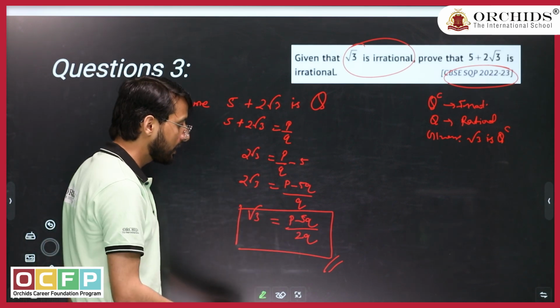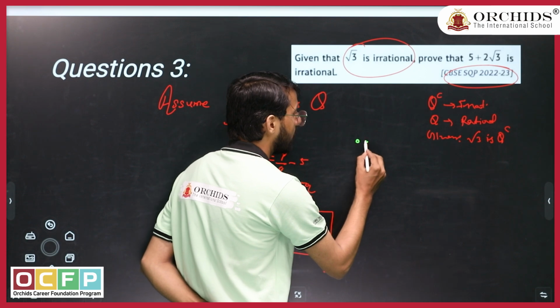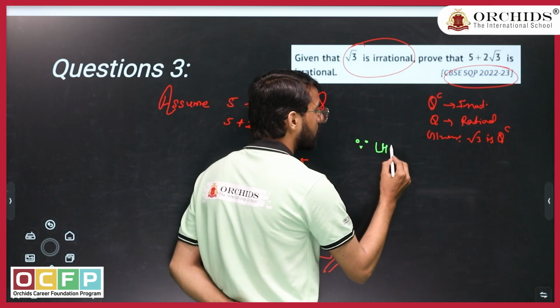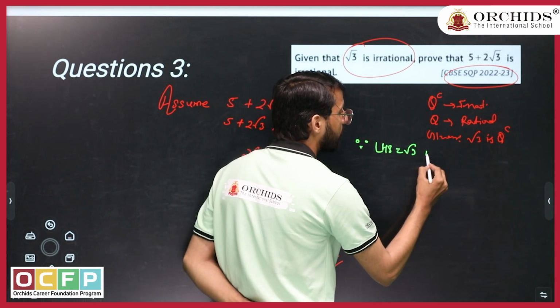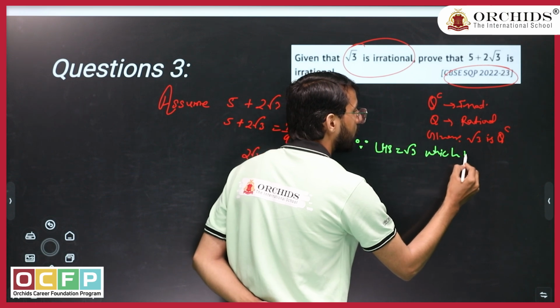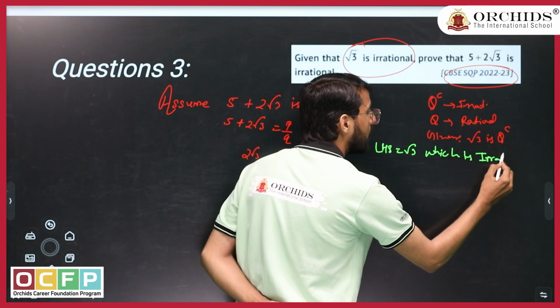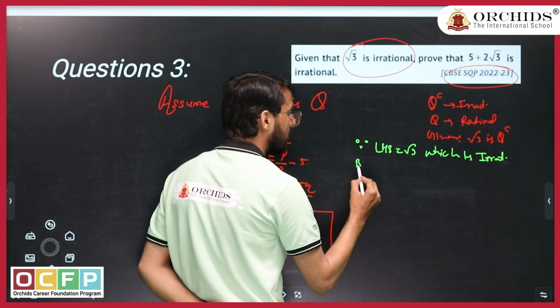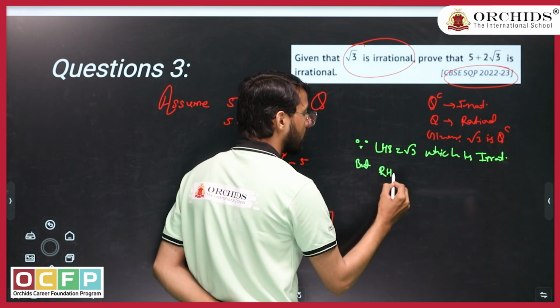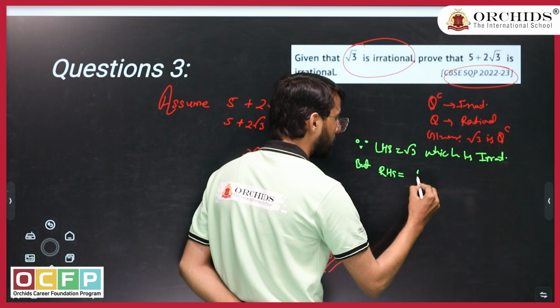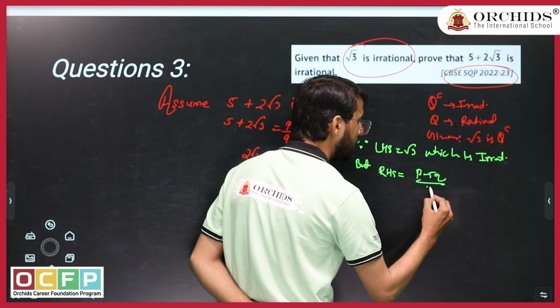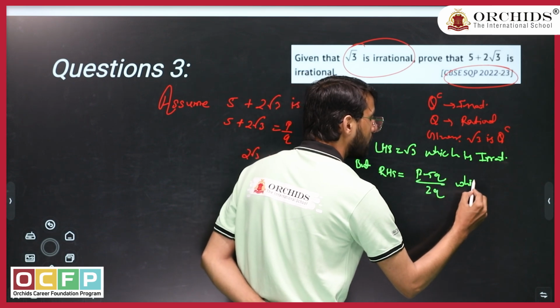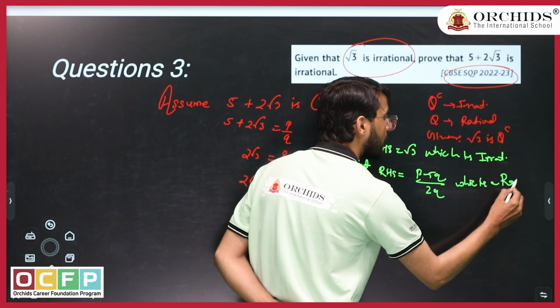What kind of comparison? Since LHS is equal to root 3, which is irrational, it is given, but RHS is p minus 5q by 2q, which is a rational number.